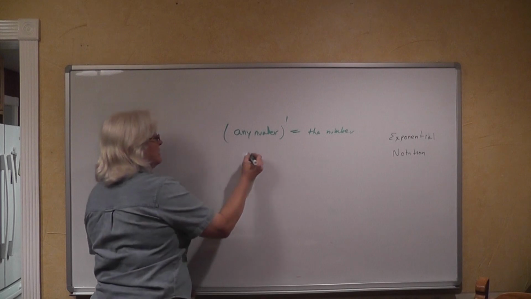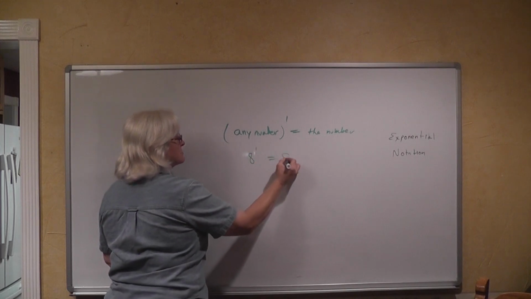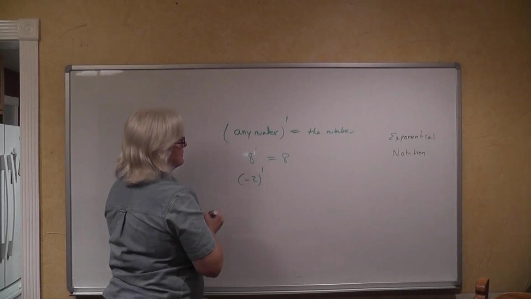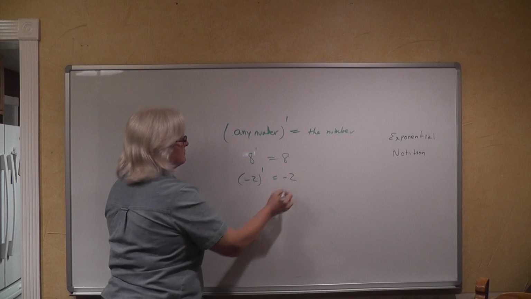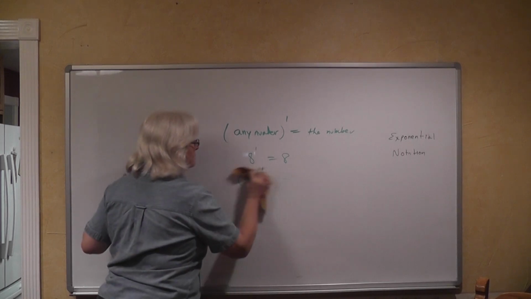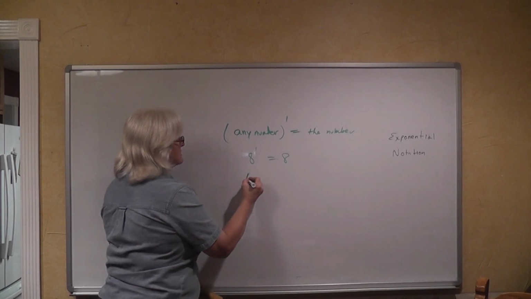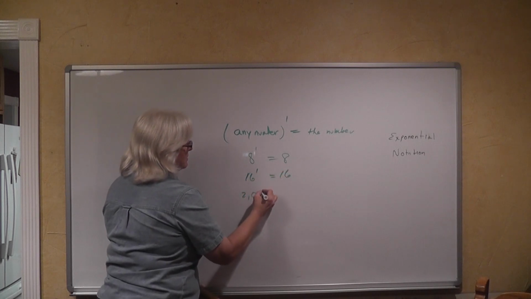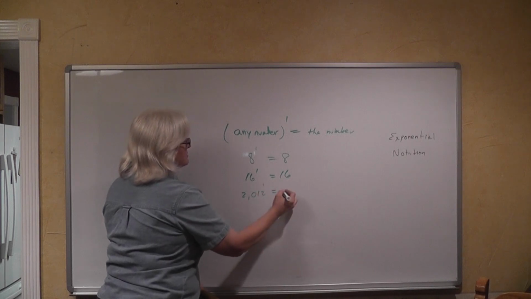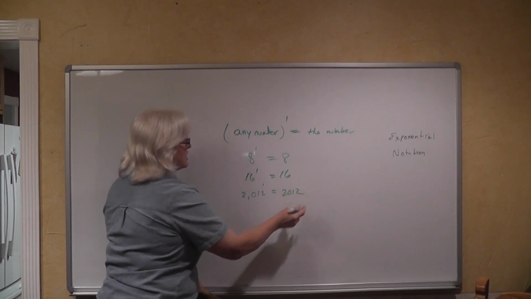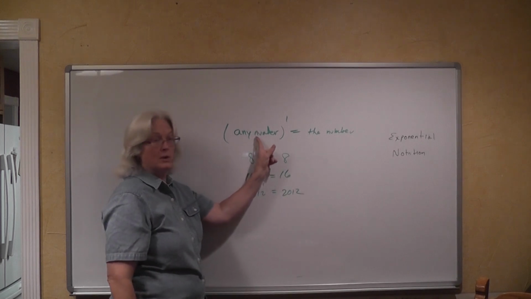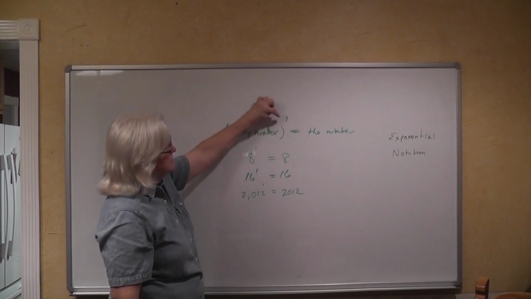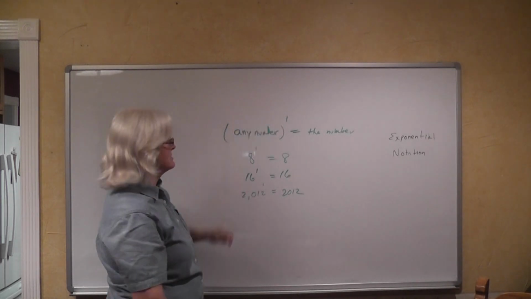For example, 8 to the first is 8. 16 to the first is 16. 2012 to the first just equals the number. Regardless of what the number is, if it's raised to the first power, there's no change. This 1 right here is unnecessary.